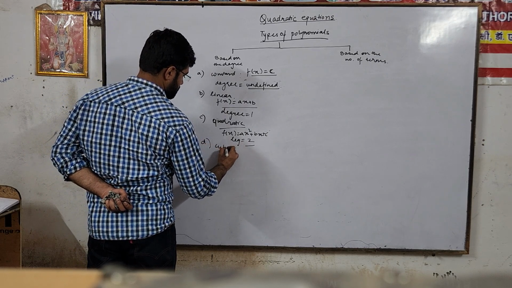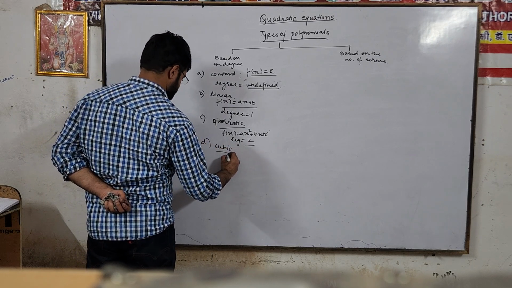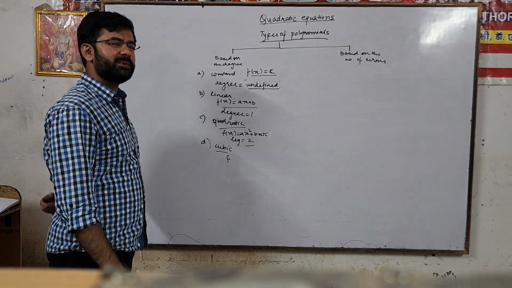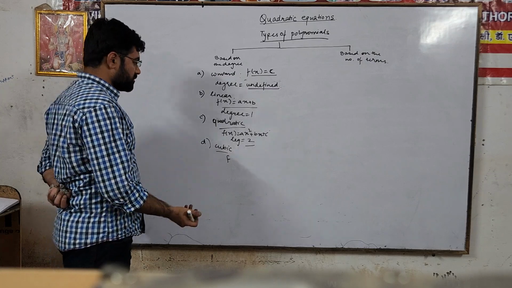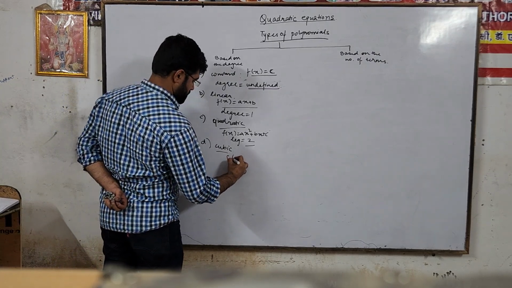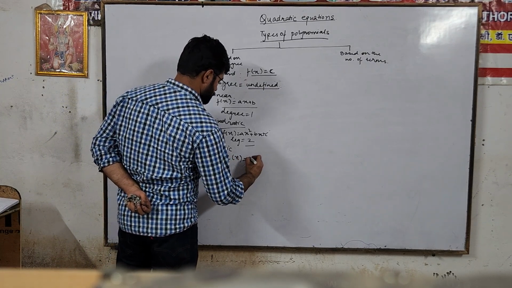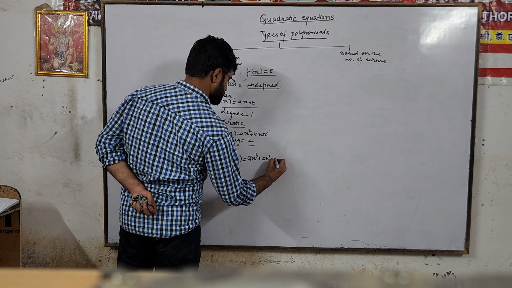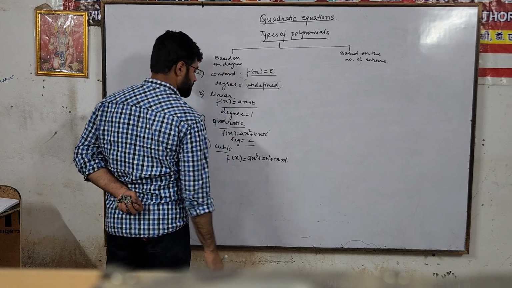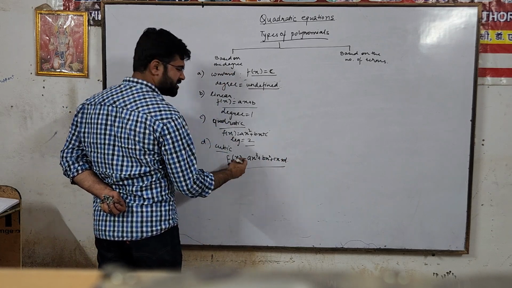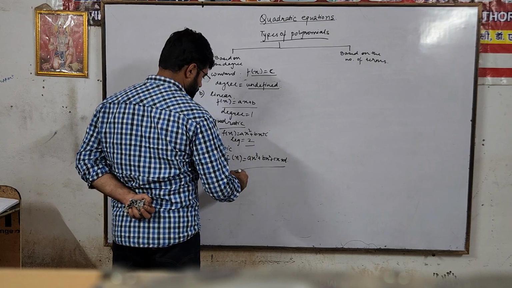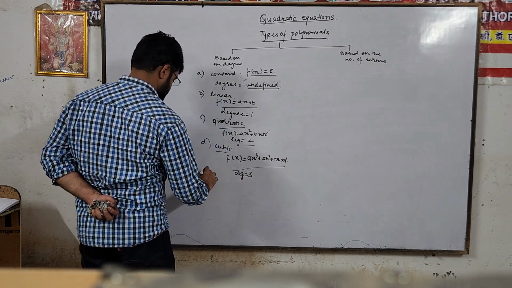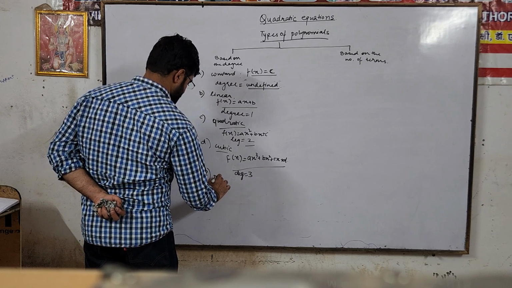Next case is cubic. Although JEE doesn't move beyond quadratic, cubic and biquadratic, it's better if you know this. f of x is equal to ax cube plus bx square plus cx plus d. This is a general expression for a cubic polynomial, and in this case the degree is equal to 3. Next is biquadratic.